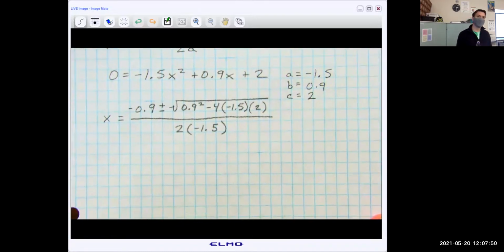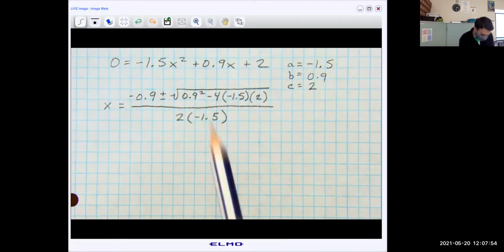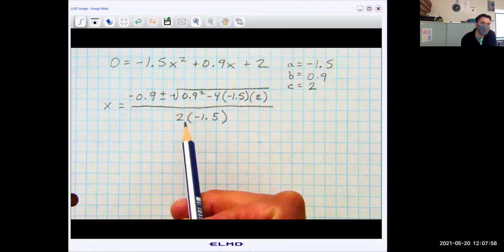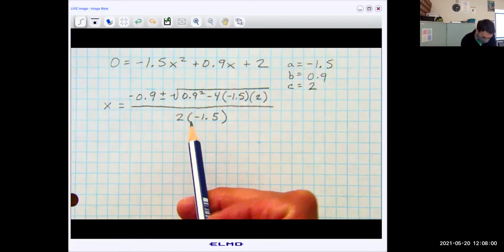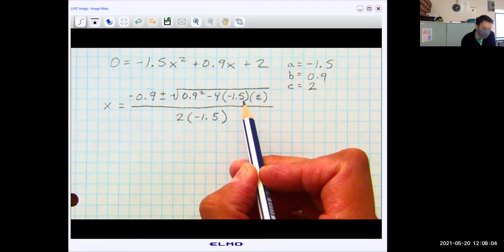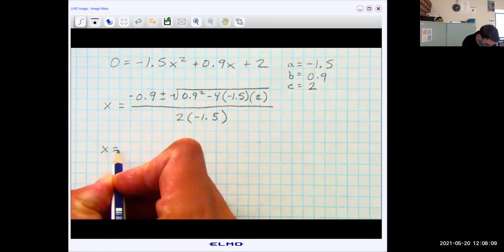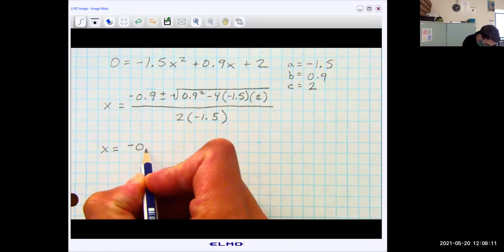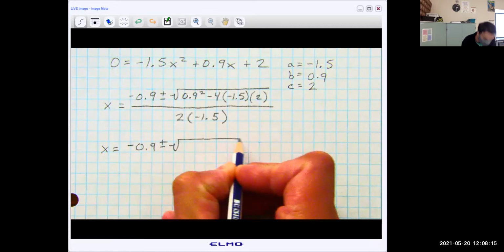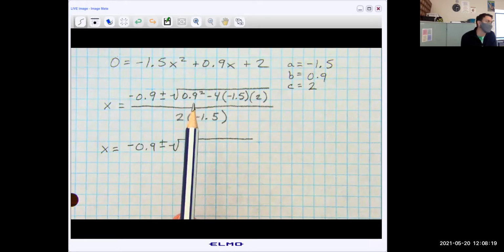Okay, now on my next step, I'm going to do 3 things. I want to square the 0.9. I want to multiply the stuff on the bottom. And I'm also going to multiply the stuff over here at the end. That's it. So it's going to look like this. X equals negative 0.9 plus or minus the square root of 0.9 squared, well, that's just going to be 0.81.